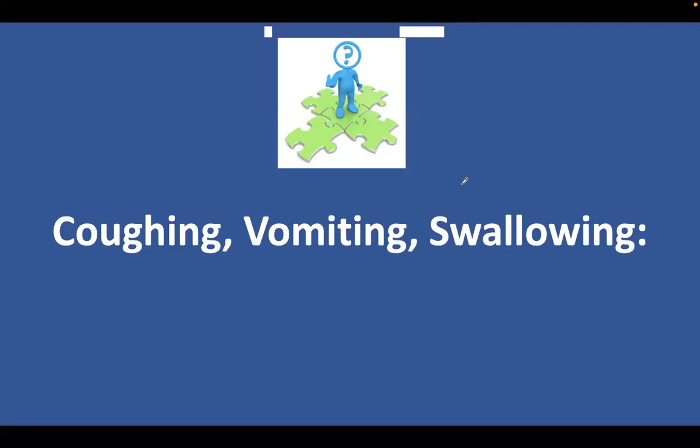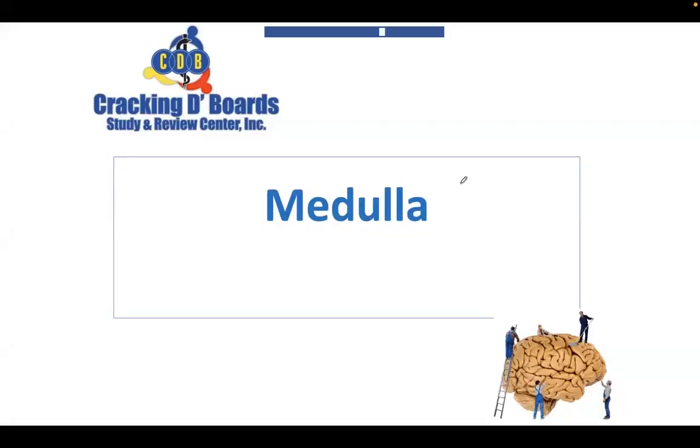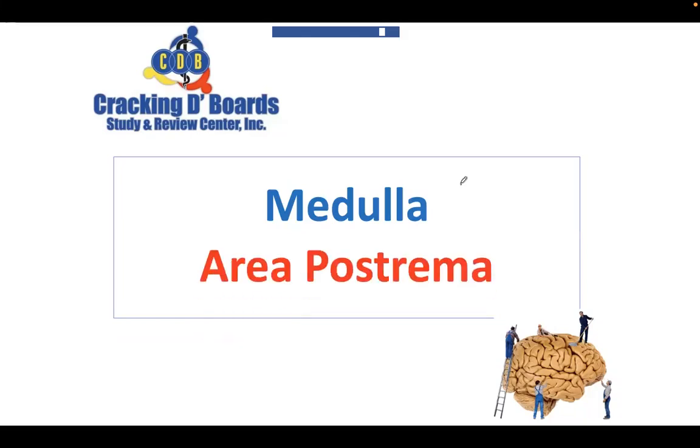What is the vomiting center, or the part of the brain responsible for coughing, vomiting, and swallowing? This is, of course, the medulla, particularly the area postrema. Now, what cranial nerves are involved in the gag reflex?